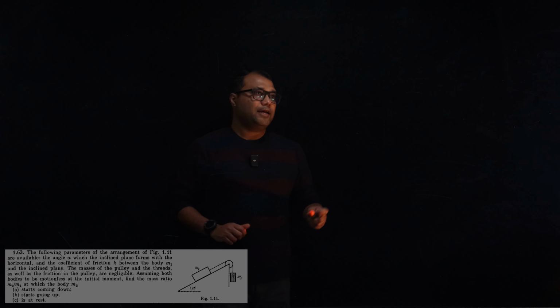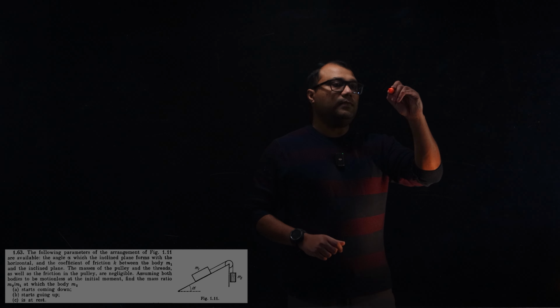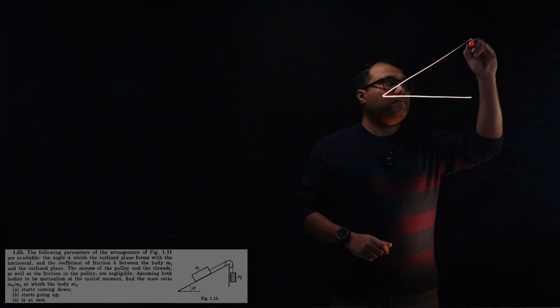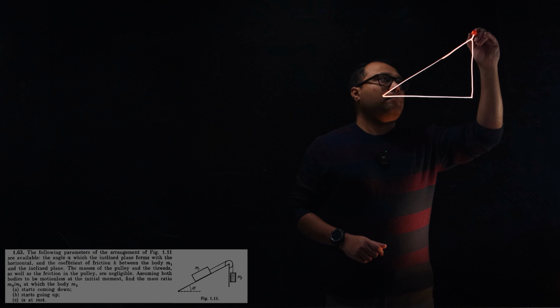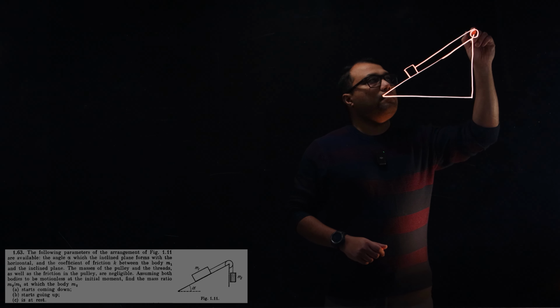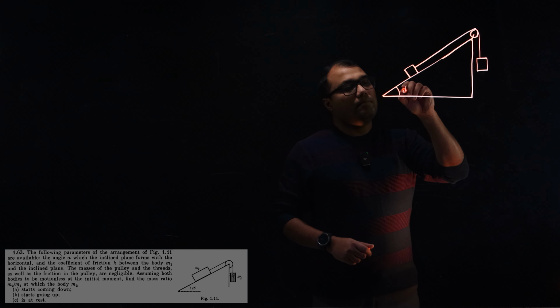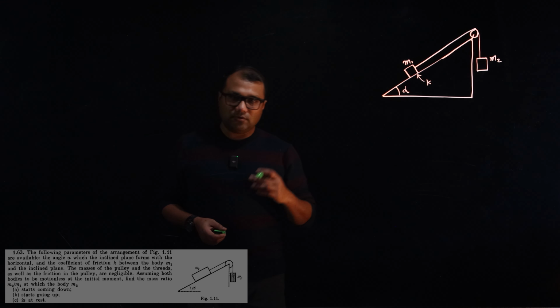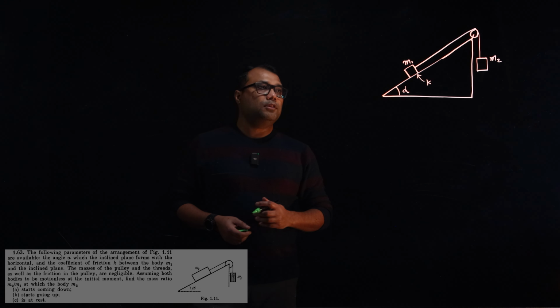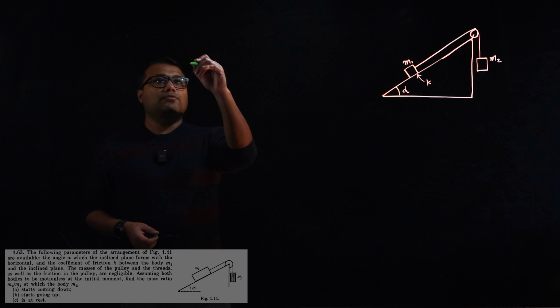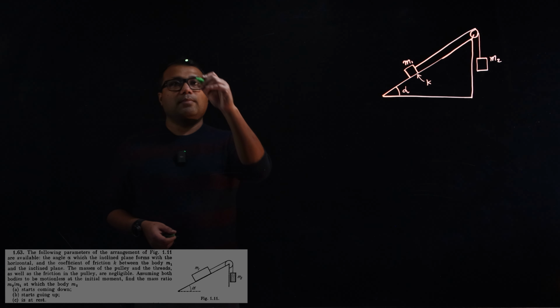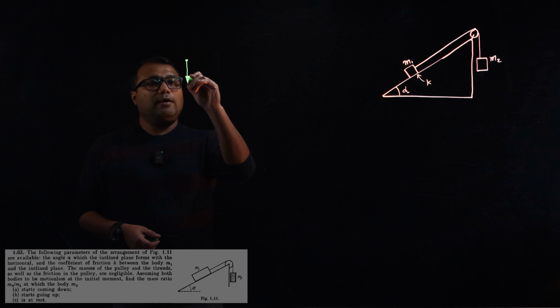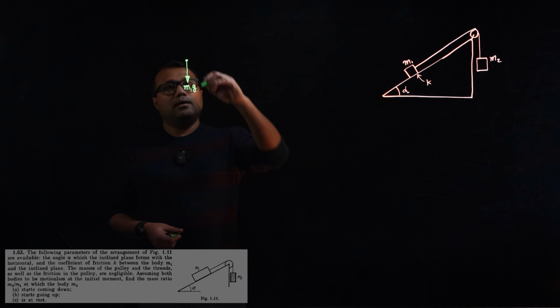Okay, let's draw the diagram first. So the first step in these problems is to draw the free body diagram. So for the system M1, we have M1G acting downward.